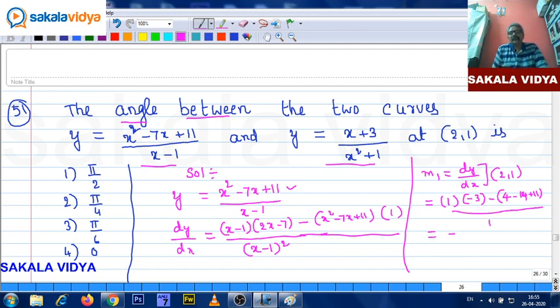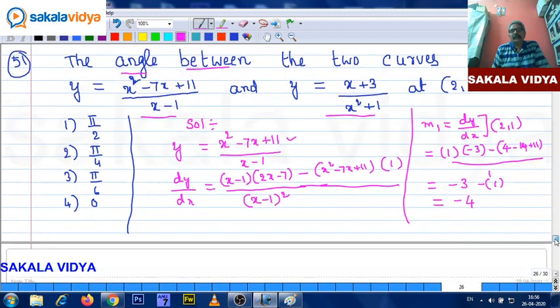This will be minus 3 and minus of minus 14 plus 11 is minus 3, 4 minus 3 is 1. So, this will be minus 4, m1 is minus 4. Please check it all of you, am I correct?